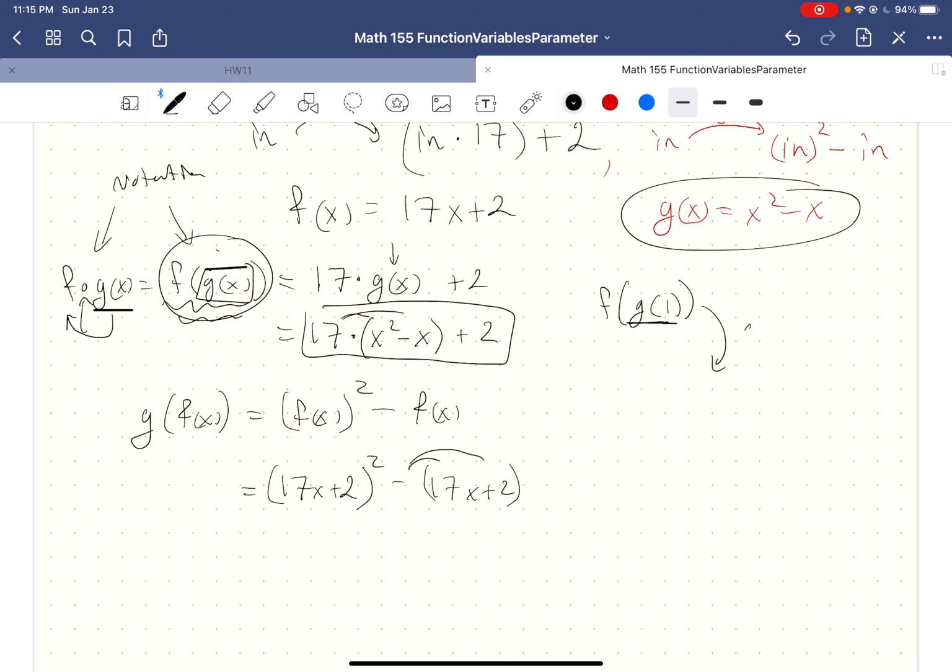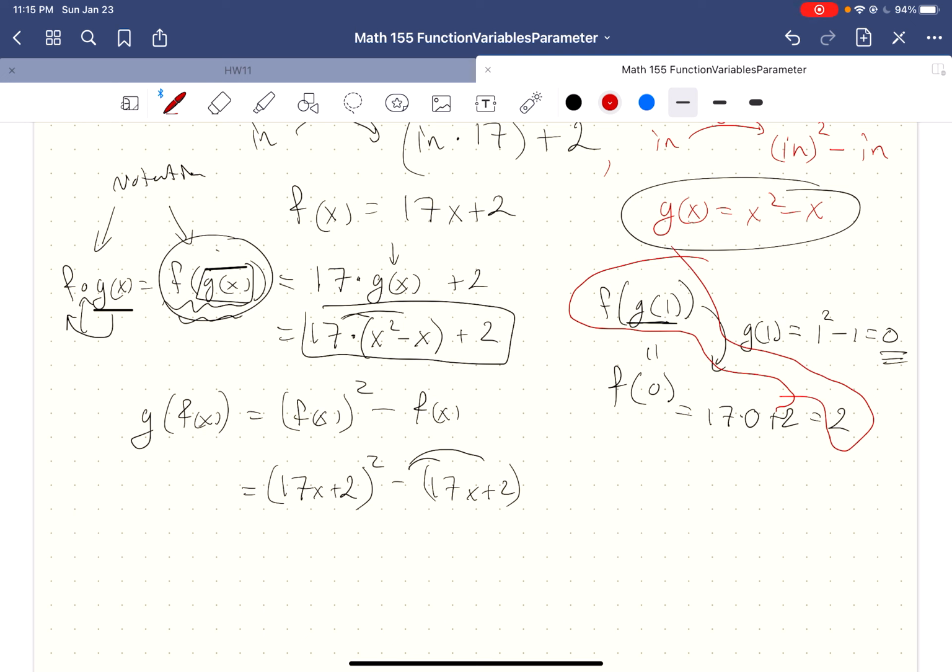So I need to compute g of 1, which is 1 squared minus 1, which is 0. So 0 is my output, and that is the input to f. And now I just have to compute f of 0, which is 17 times 0 plus 2, so it's 2. So f of g of 1 is equal to 2.